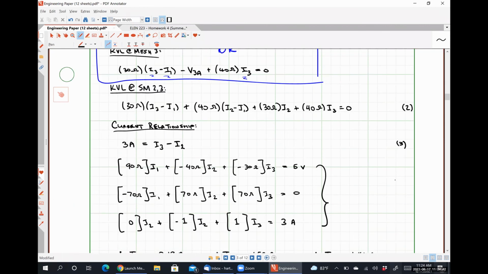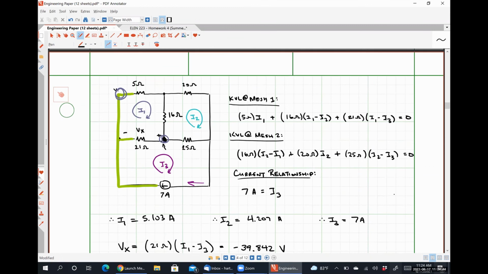For our third problem here, very similar to the second problem, except that our current source was now on the perimeter or the outside of the circuit. Because there's no way for us to draw a super mesh path that avoids us taking the voltage drop over it, we will only have a current relationship.